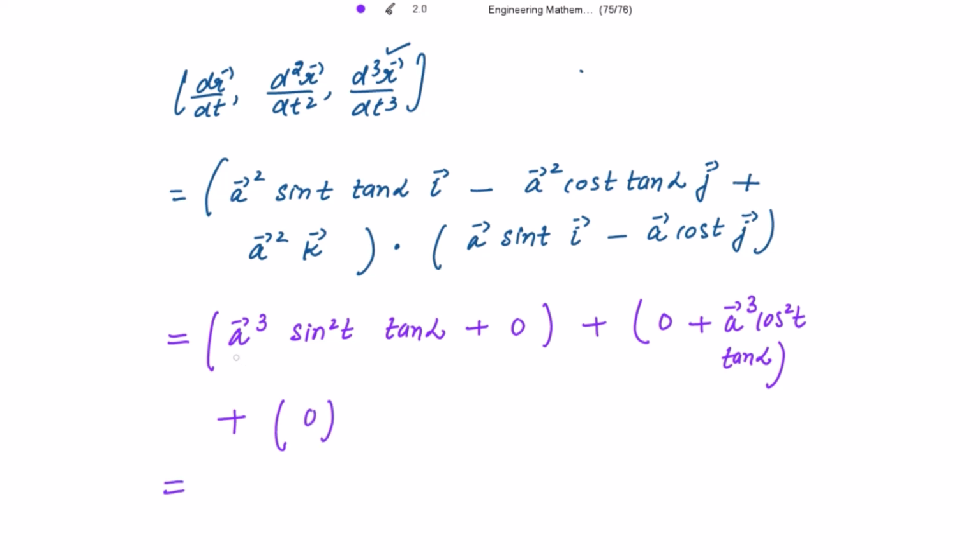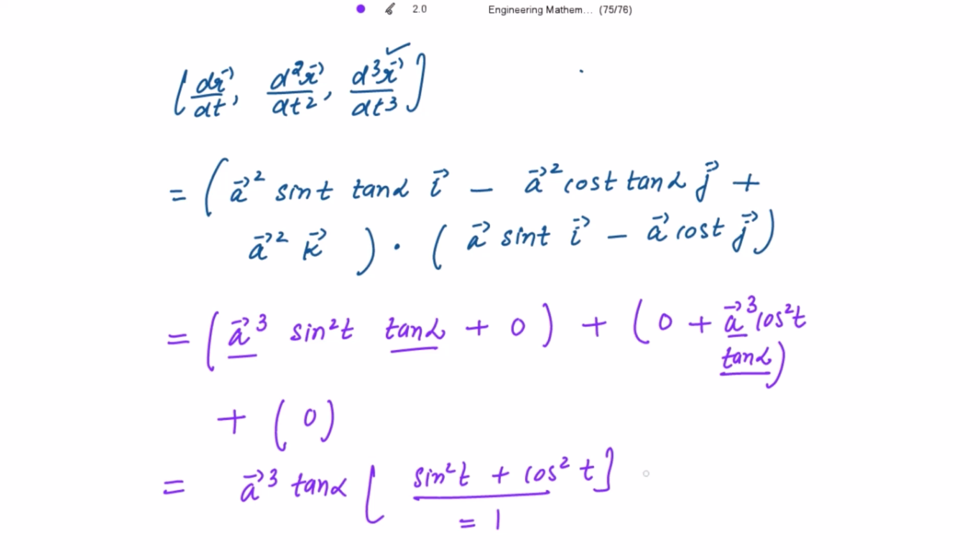So now taking a cube tan alpha common from these two terms, we get sine square t plus cos square t inside the bracket, and because of the identity, that is equal to 1. So this is equal to a vector cube tan of alpha to be the required solution for the scalar triple product of these three vectors. Alright, thank you.